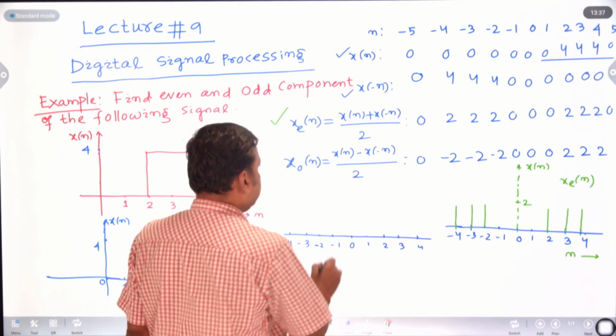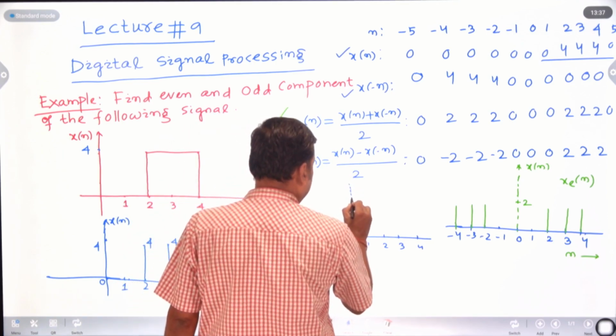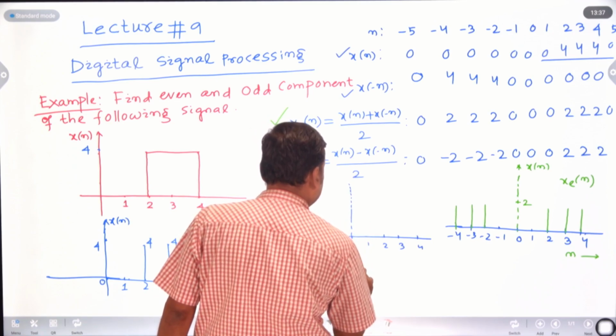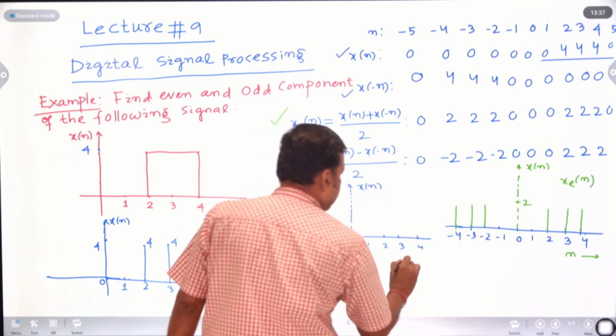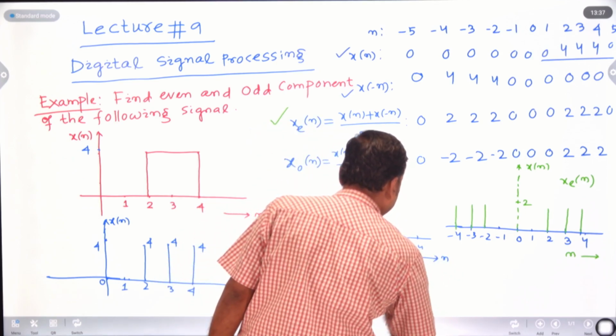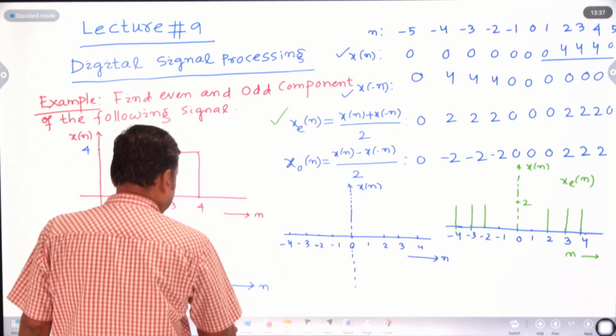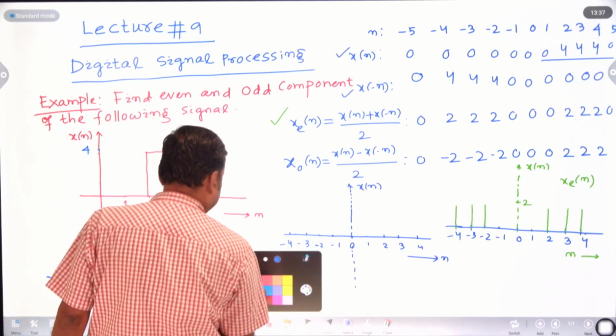For the odd component, this is 0, and this is x of n. The x axis is n, and the y axis is x of n. We have to draw the odd component of the signal.